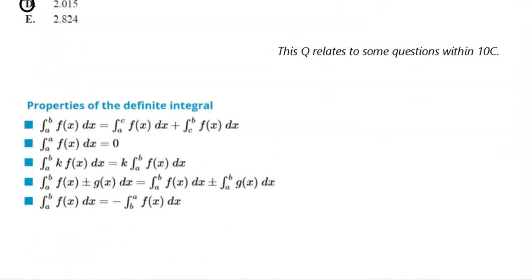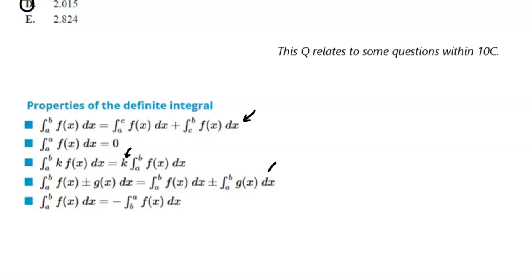Fabulous. So some cool things about the definite integral. We've looked at how you can break it up into sections, especially useful if you had a negative area underneath the x-axis. If you take the integral from a to a of something, you get 0. You can take constants out. We've been doing that quite a lot in our previous integration work.